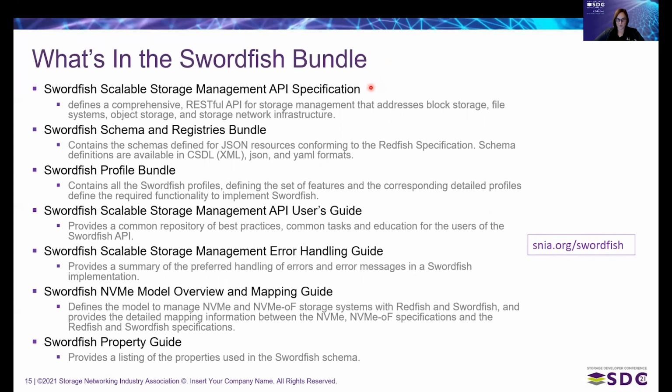We'll of course start with the specification. This again builds on top of the Redfish specification. We'll point back to that, but it includes all of the Swordfish specific requirements and extensions. Then we have the schema bundle and registries bundle that covers all of the technical definition of the Swordfish functionality, as well as the profile bundle.